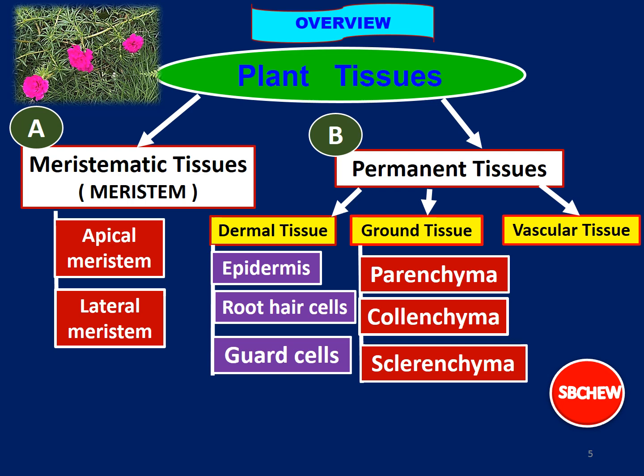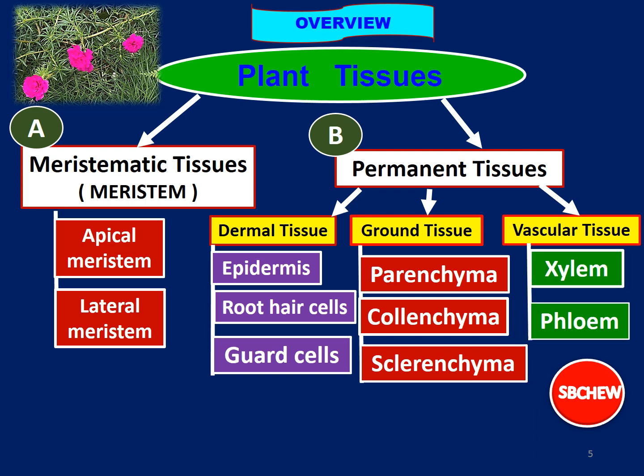Lastly, we have the vascular tissue, which is used in transport, and this consists of the xylem tissue and the phloem tissue. Both are used in the transport of substances in the plant. We'll also be discussing this in more detail as we go along.